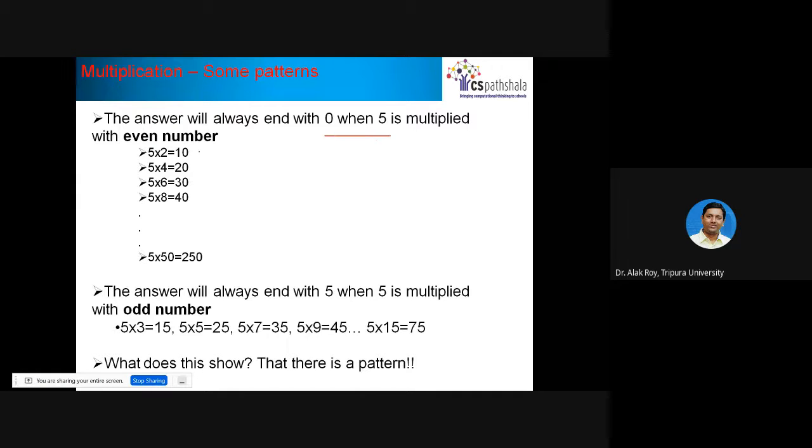If you multiply with an odd number, it will always end with 5. So what does this show? That there is a pattern.